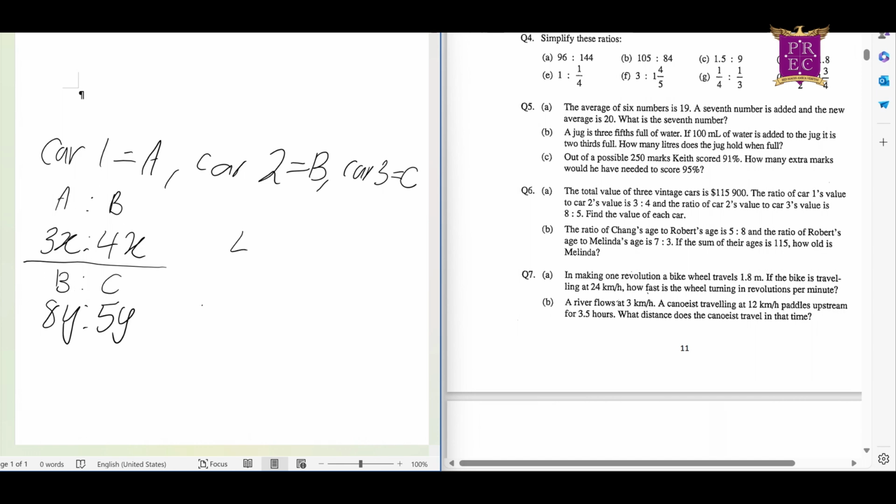So we know that 4x is equal to 8y, therefore we can say x is equal to 2y.